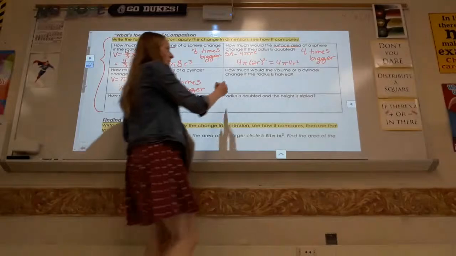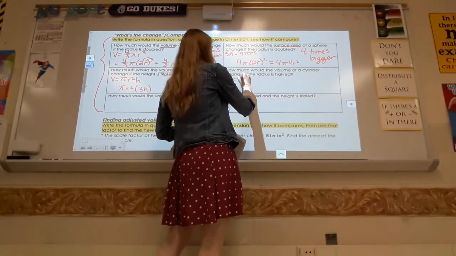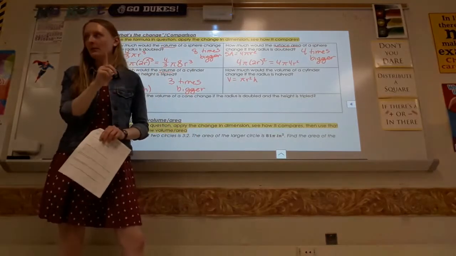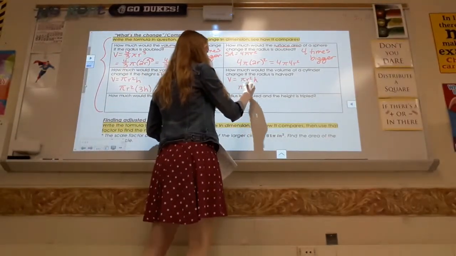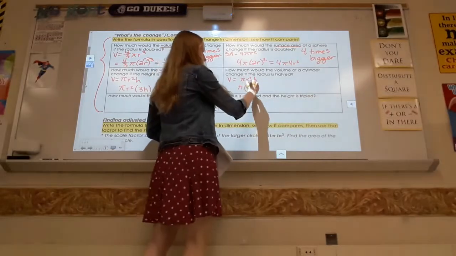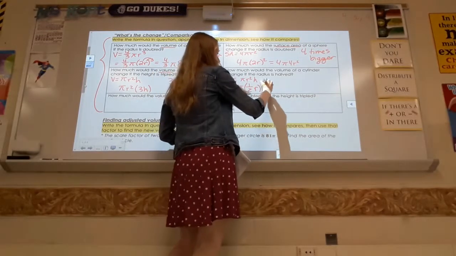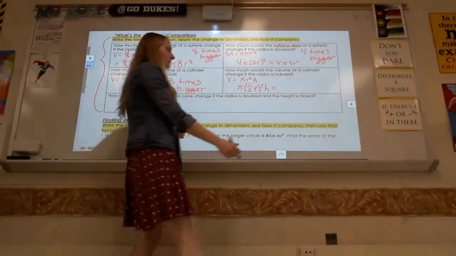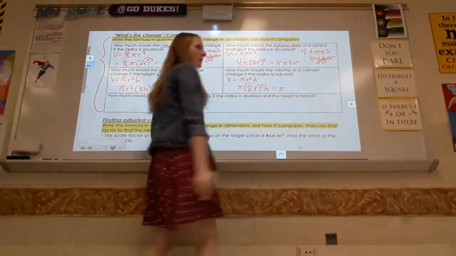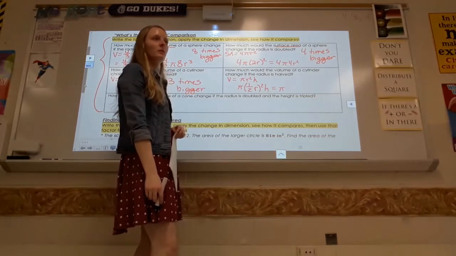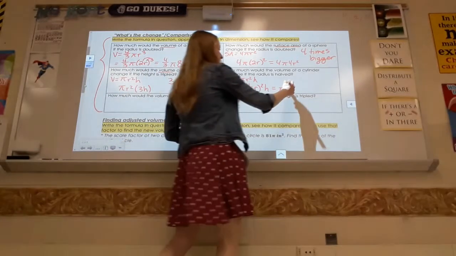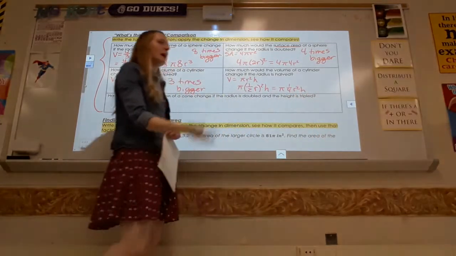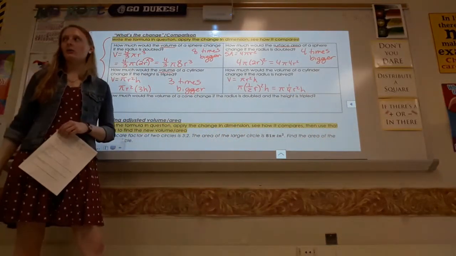Alright, next, how much would the volume of a cylinder change? Same formula, but this time the radius is halved. What does that mean? How would I write it? 1/2 r. So then what does my formula turn into? Pi 1/4 r squared h. Because when you distribute a power to a fraction, the top and the bottom both get squared.